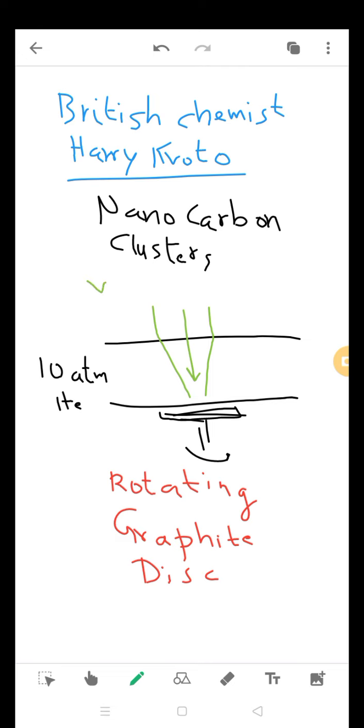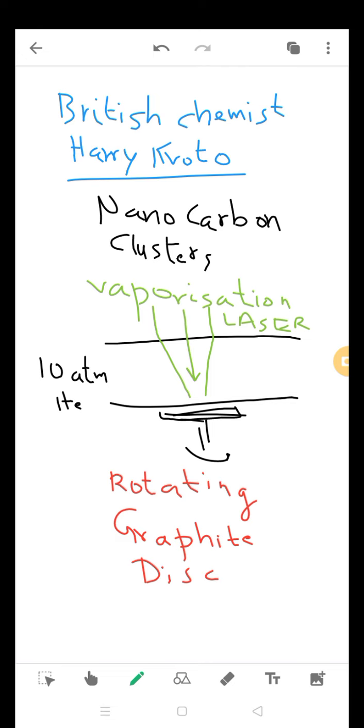I'll call it the vaporization laser. So this was the schematic representation of his instrument.